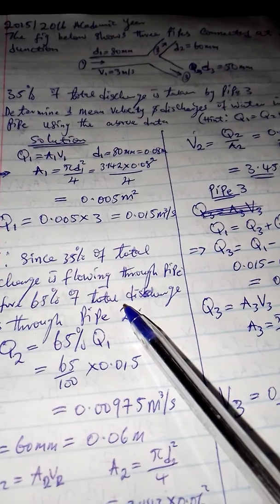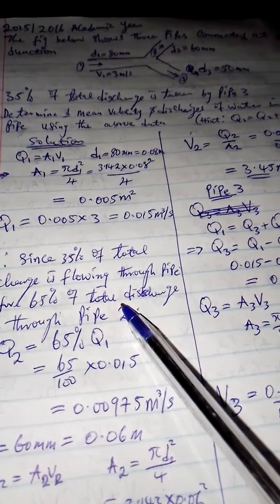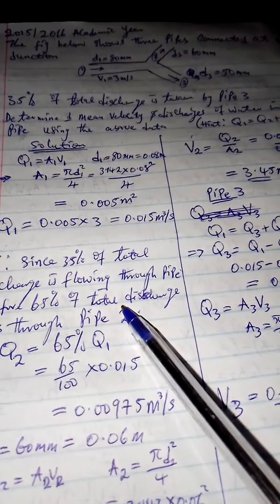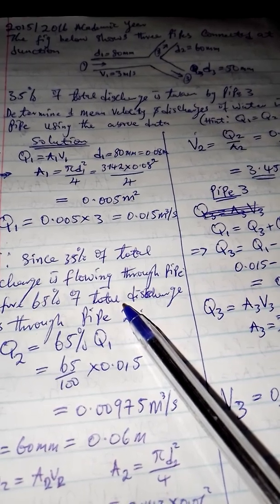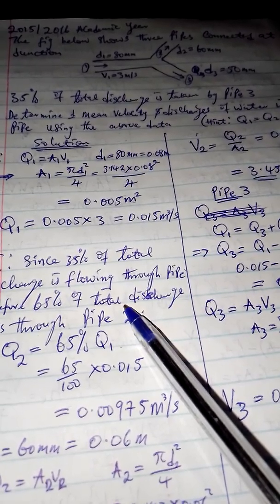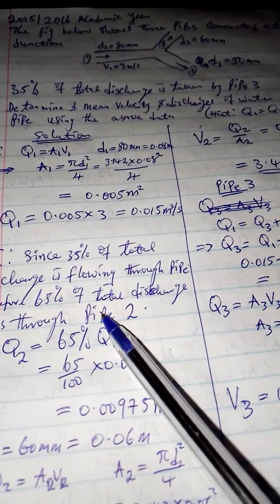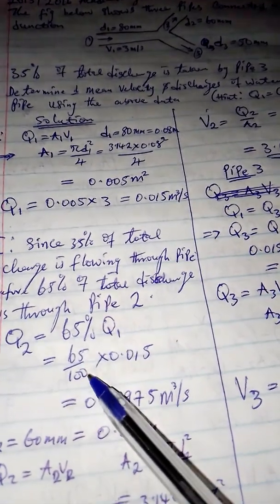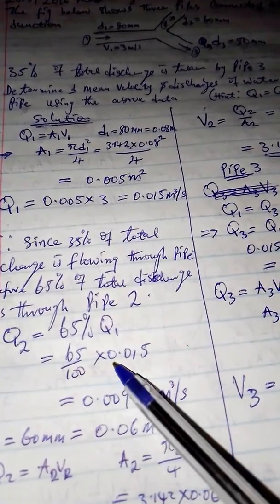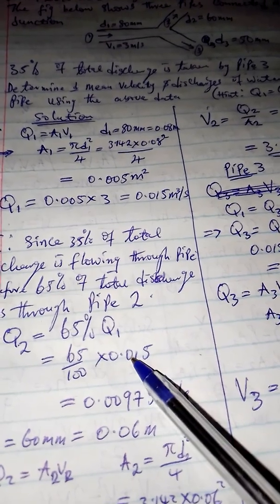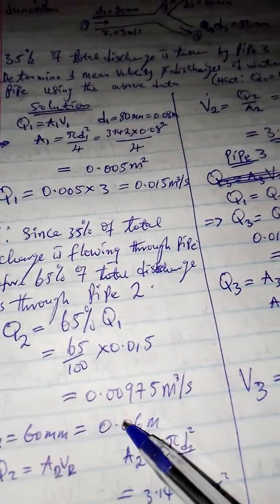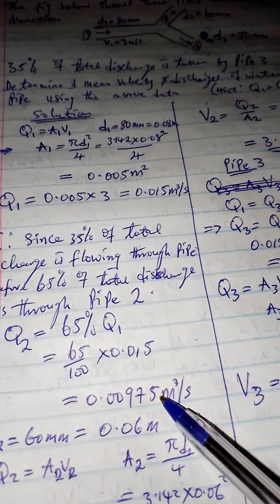So 65% of the volume flow rate in pipe 1 will give you the amount of fluid flowing through pipe 2. You have 65% times 0.015, which is the volume flow rate in pipe 1. You now have 0.00975 meter cube per second.